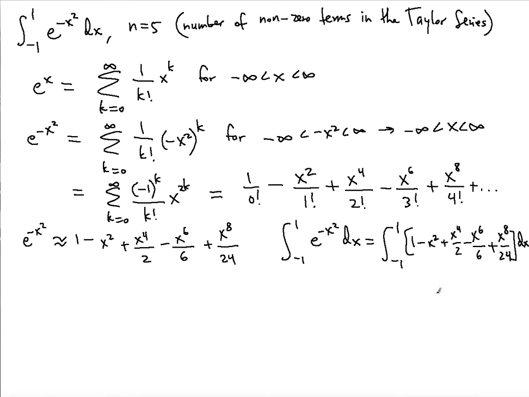Right, so what are we going to have? This will turn into 2, because it will be x evaluated from -1 to 1. You will get 1 minus -1, which is 2. And then minus 1/3.